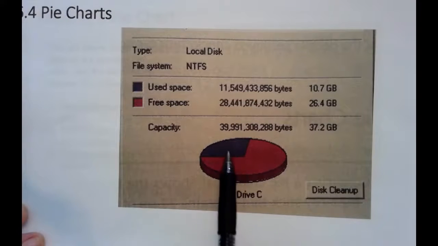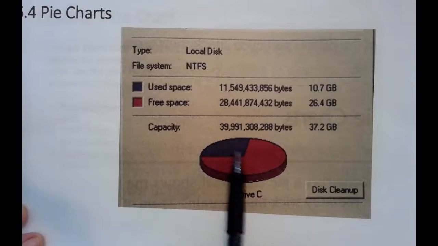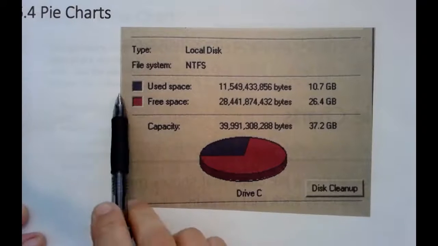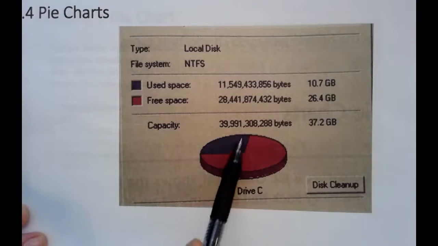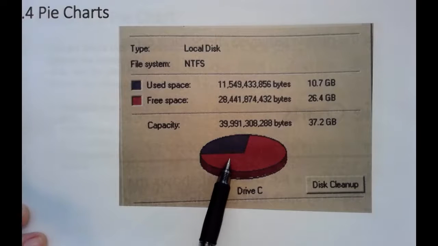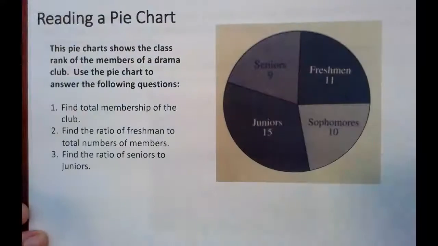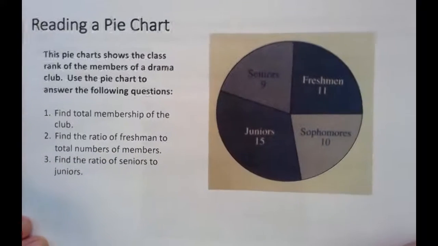The capacity is 37.2 gigabytes. So you see how it's this much. It's a good way to see visually. So if you look at this, you're like, oh, I have all this more free space. It looks like I have about 75% or so.